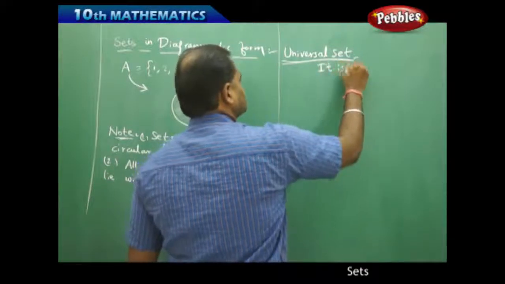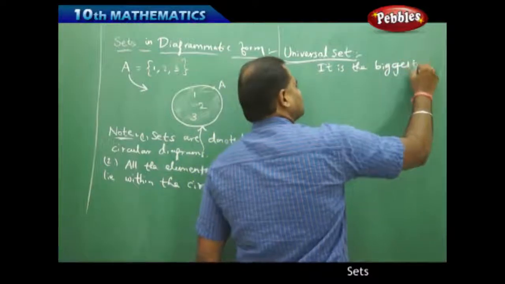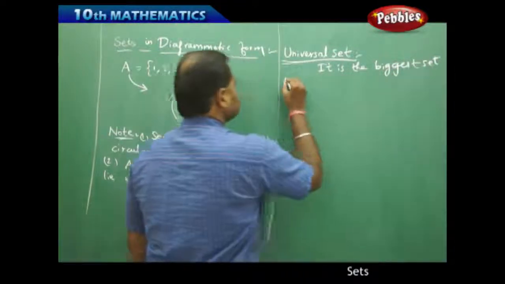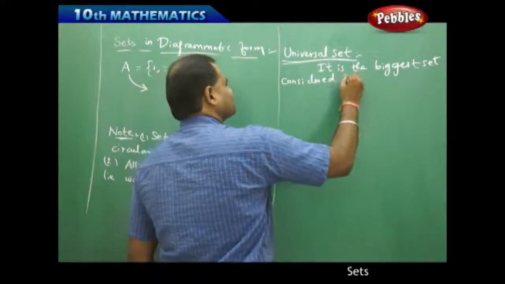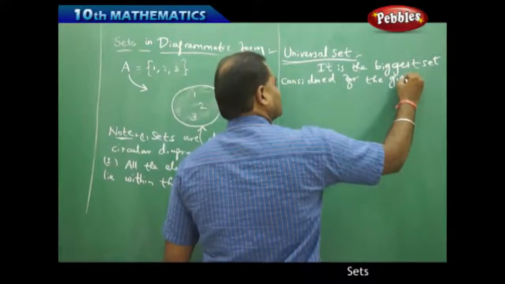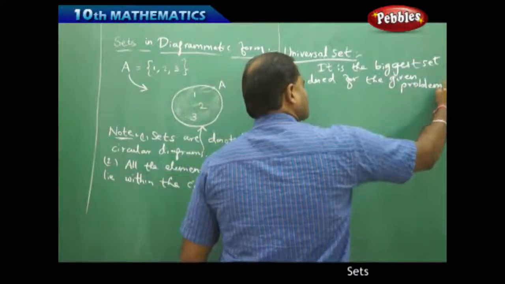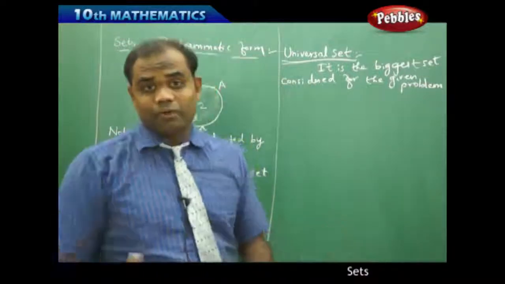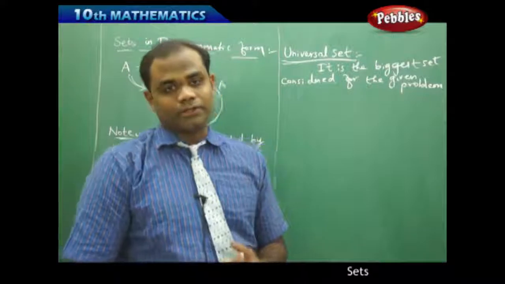The definition is, it is the biggest set considered for the given problem. So the universal set differs with the differing problem. It depends on the situation of the problem taken into consideration.